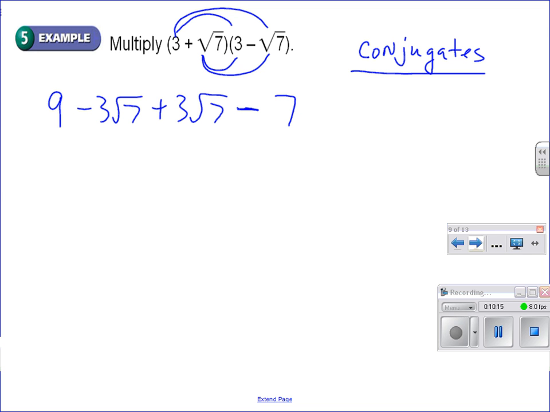And see how lovely this is. This guy pairs with this guy, and those two wash away. They become 0, right? So then I'm left with 9 minus 7, which is 2. We multiplied conjugates there.